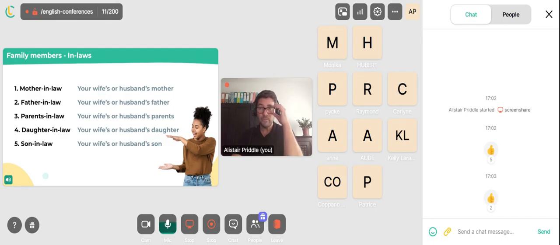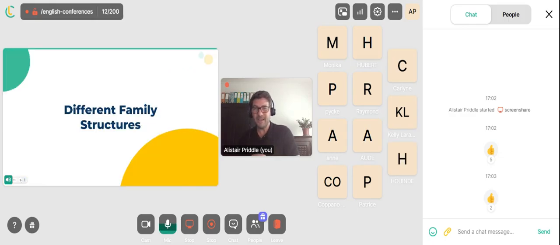Parents-in-law. Your wife's or husband's parents. Daughter-in-law. Your wife's or husband's daughter. Son-in-law. Your wife's or husband's son. The in-laws. Okay. Let's have a look at some different family structures.